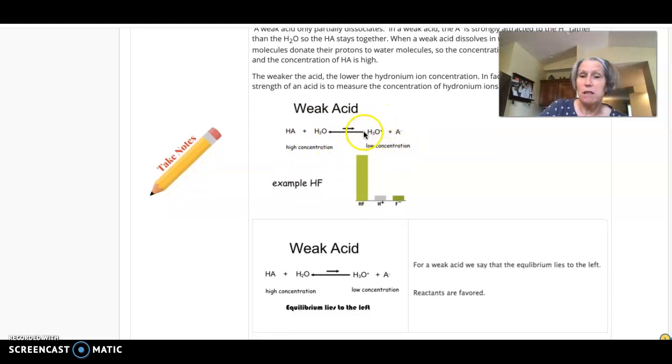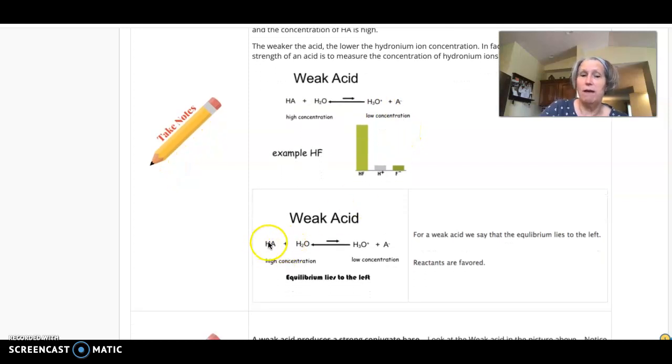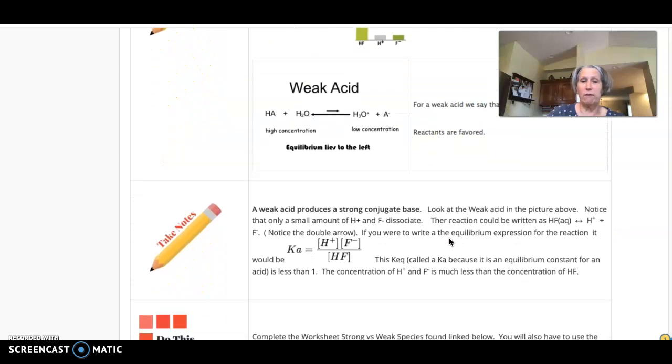So that means they have low concentrations of the H plus and the conjugate base, and you have high concentrations of the reactants. Look at the arrows. We'll notice that the arrow is really going more towards the reactants. So for weak acids, we say that the equilibrium lies to the left and reactants are favored.